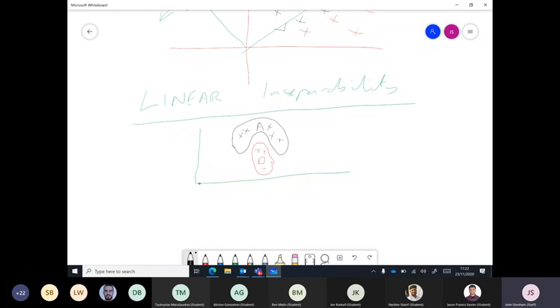But if I try to put a linear surface, then clearly there isn't a straight line that has the red on one side or the black on the other side. So if I specify a weight vector, and if that weight vector is to solve this problem, we cannot have a straight line. We have got to define a curved line.